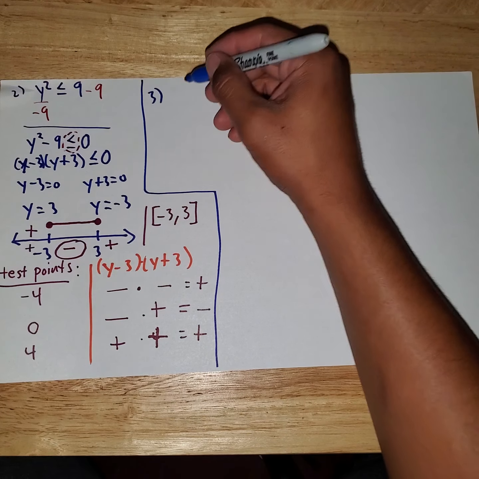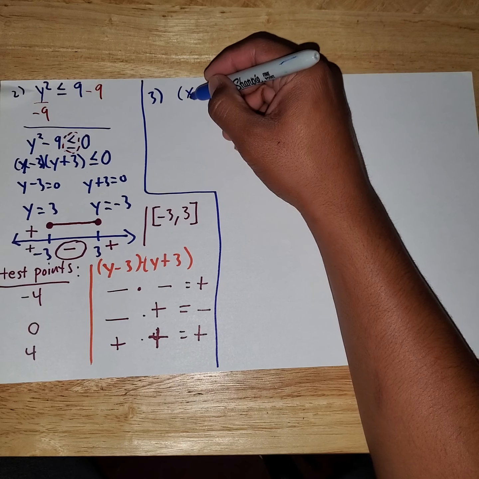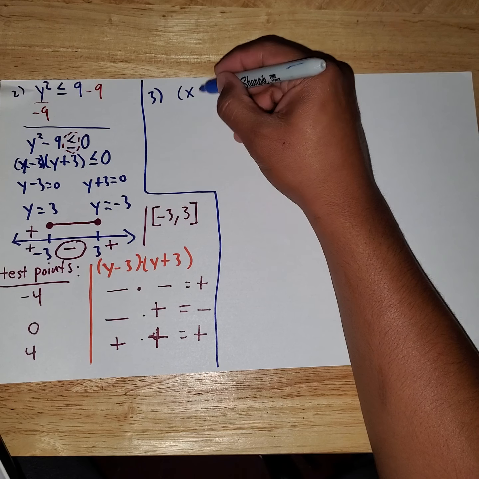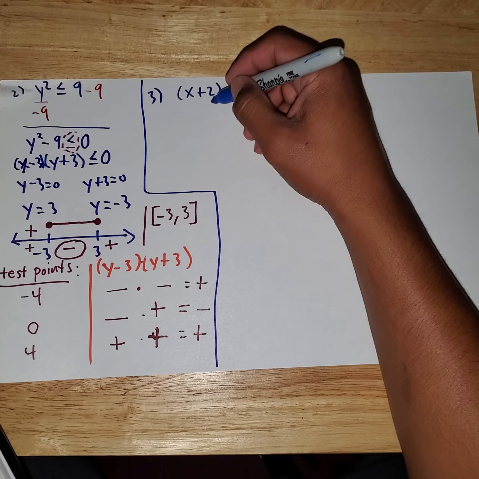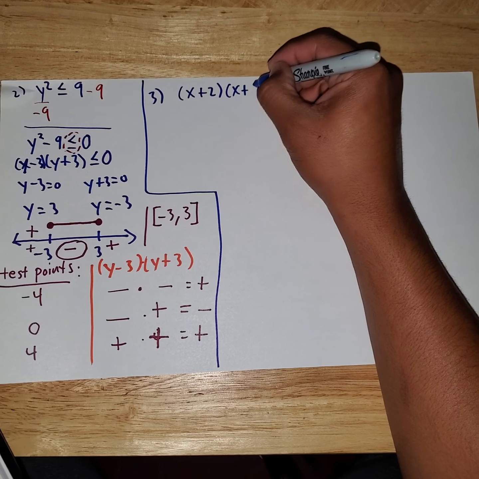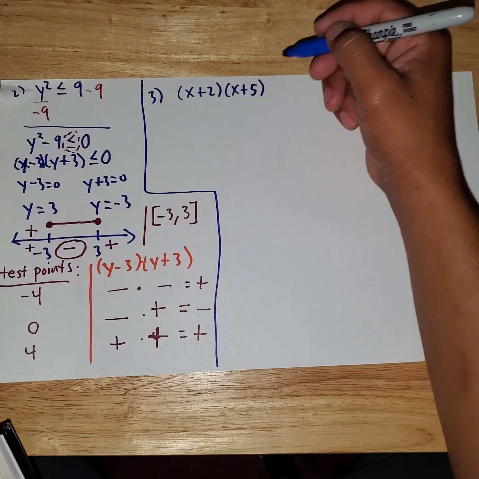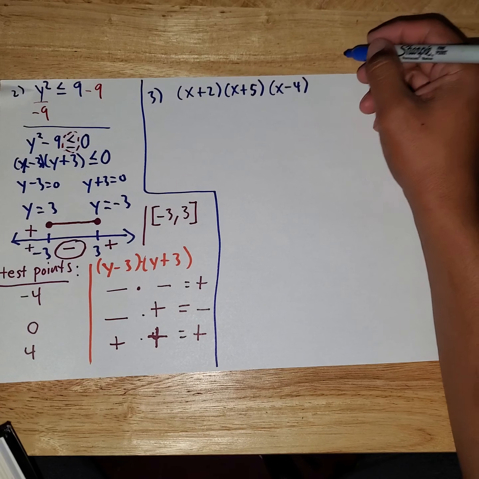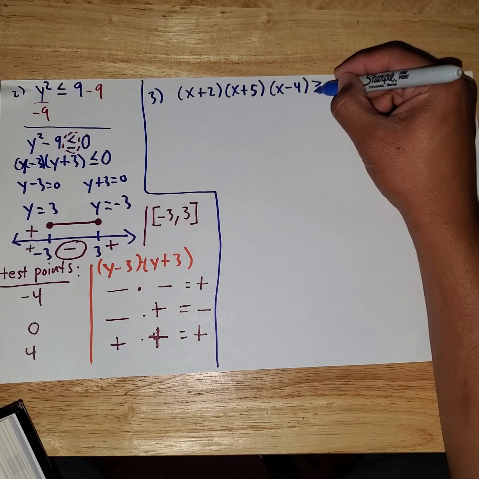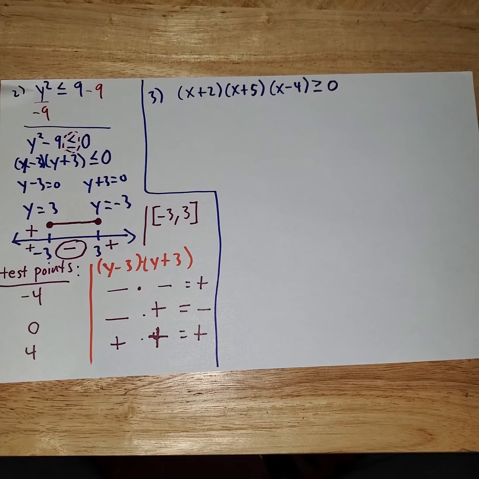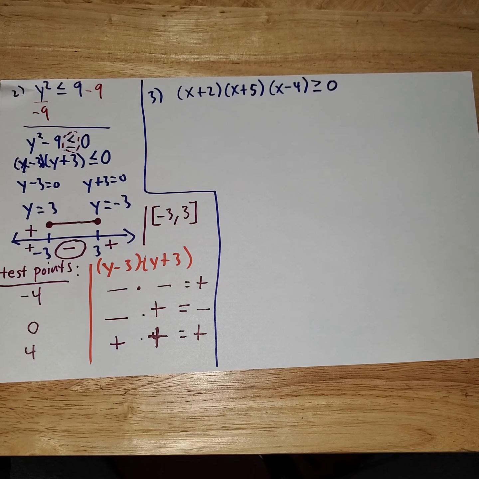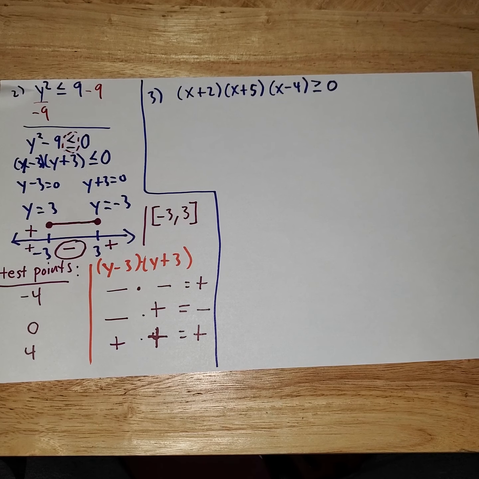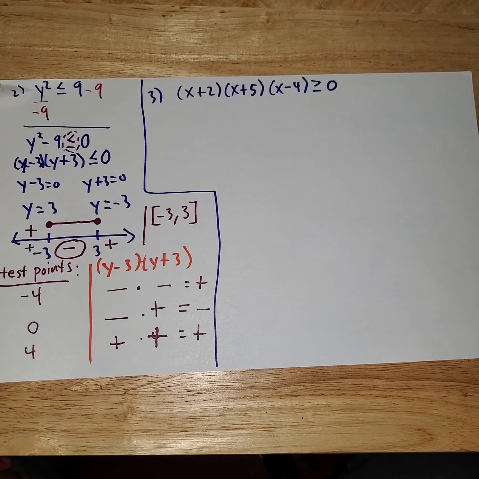So for example, x plus 2, x plus 5, x minus 4 is greater than or equal to 0. Now that I'm thinking about it, maybe I should have started with an example like this. But hopefully I didn't confuse anyone too much.